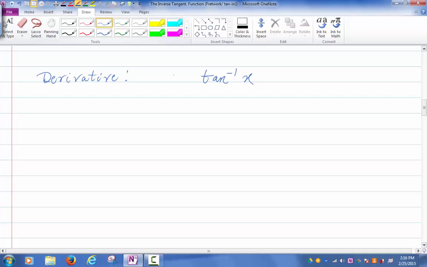How? Well, you set y to be tangent inverse of x, and then it means tangent of y is x.